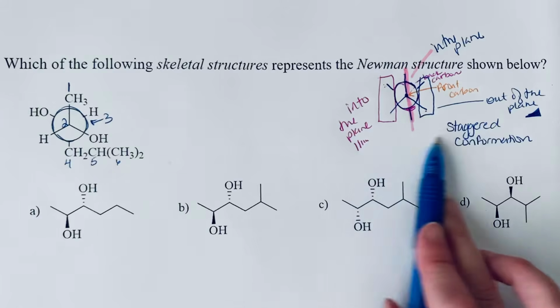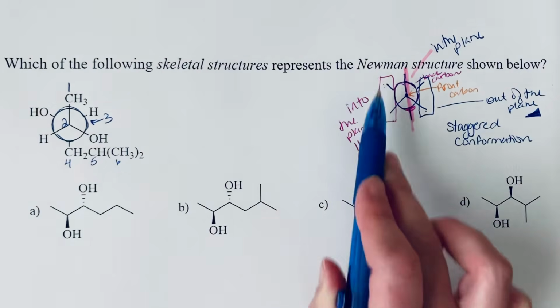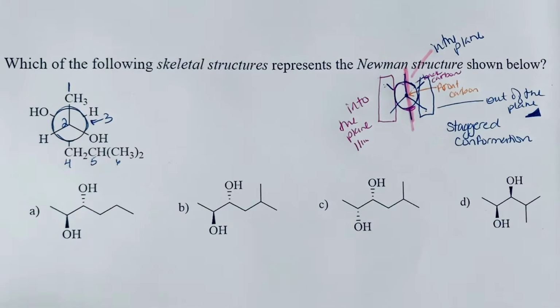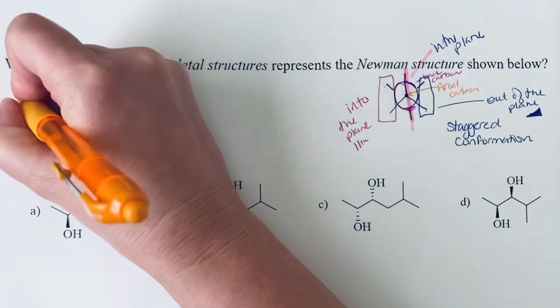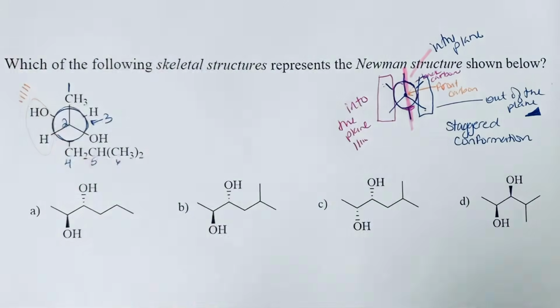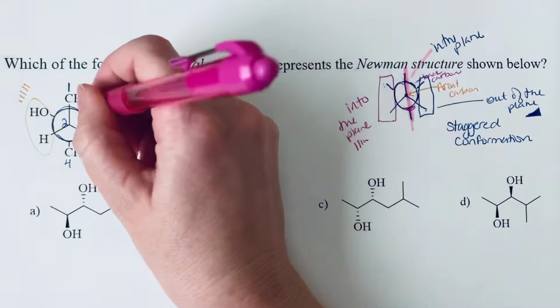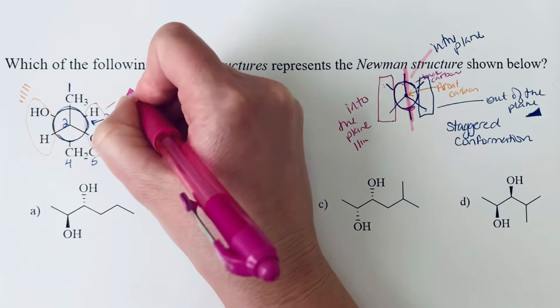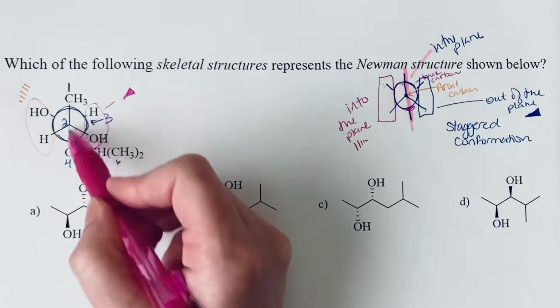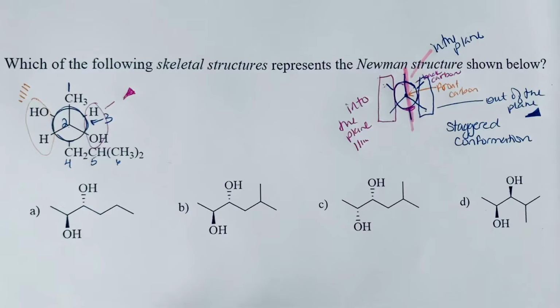And now we're going to flip it over. Anything on that left-hand side, we're going to say is going away from us, so we're going to put that on the dash bond. Anything on this right-hand side is going to be sticking out at us, so we're going to put that on the solid wedge. And then that carbon backbone is the zigzag that is in the plane. So let's go ahead.